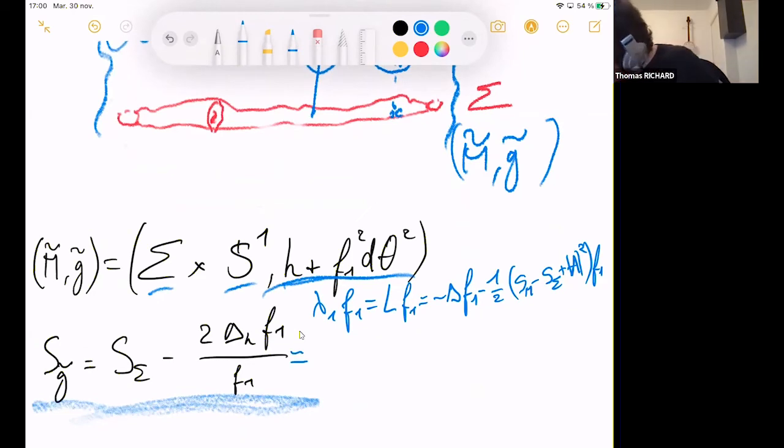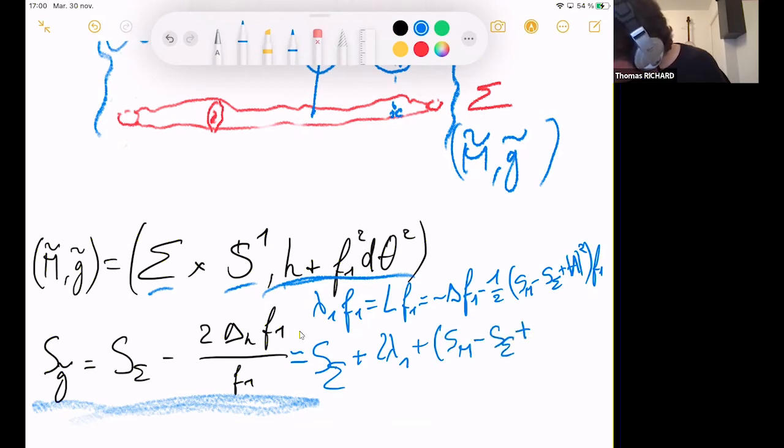Now I can write that as S sigma plus, because I will have the Laplacian of f sigma, 2 lambda 1 plus 1/2. No, the 1/2 goes away because of the 2. S_M minus S sigma plus A squared.